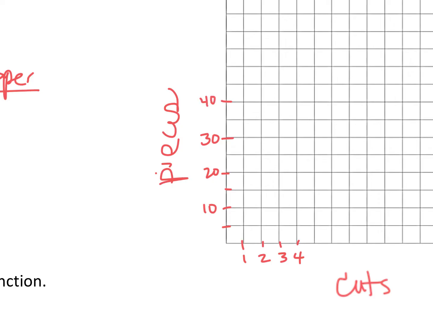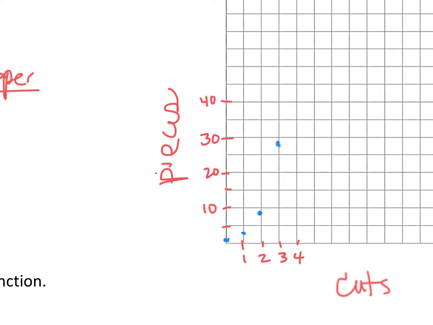Okay, and then let's graph it. So 0 cuts, 1 piece of paper, 1 cut, 3 pieces of paper, 2 cuts, that's a tiny bit higher. 2 cuts is 9 pieces of paper, 3 cuts is 27, and if we did 4 cuts, that would be all the way up at 81.